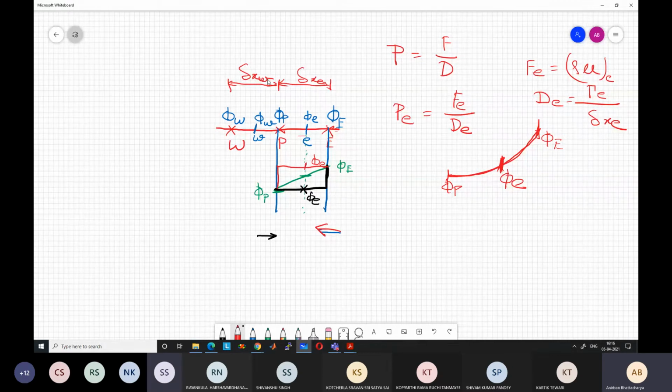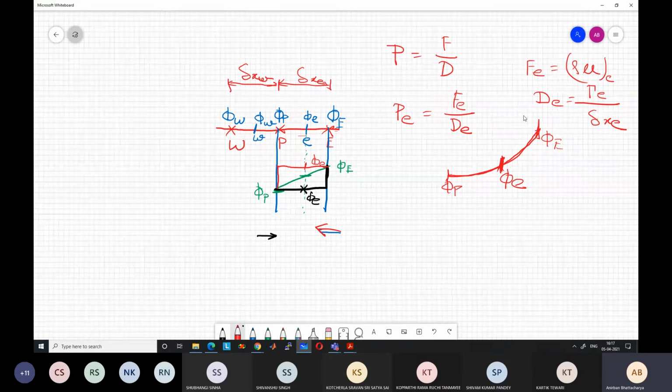So if we decrease delta Xc, correct, good. We can remesh the geometry and reduce the grid spacing. We can have more grid points, or more control volumes. In that case, delta Xc will be reduced and the diffusion strength will increase.